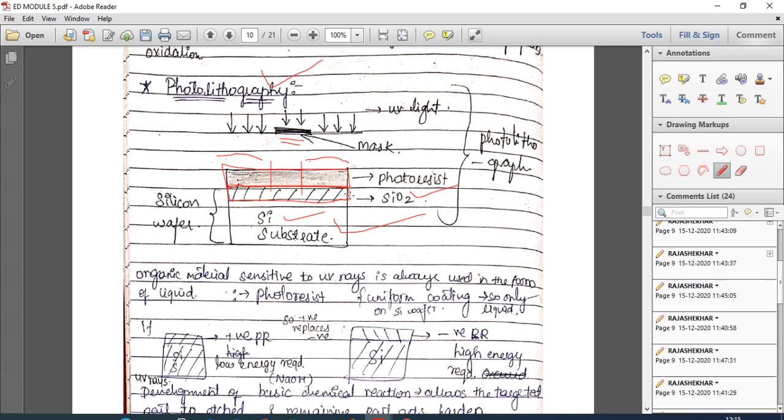So the photoresist which is exposed to the light will get hardened, and the material which is masked from the light will remain soft.